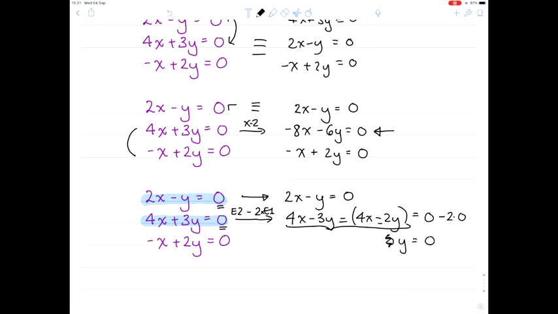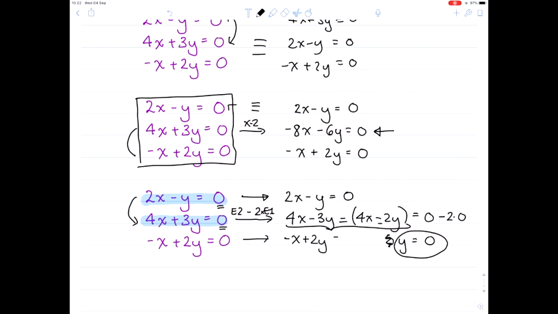And this here is an example of why it can be very useful to use these terms, because looking at the equations in their original form over here, it wasn't clear what our solution could be. But by simply using this technique, we have in fact found an equation that tells us that our y has to be equal to 0. And just to finish off here, I would have left my last equation the same.